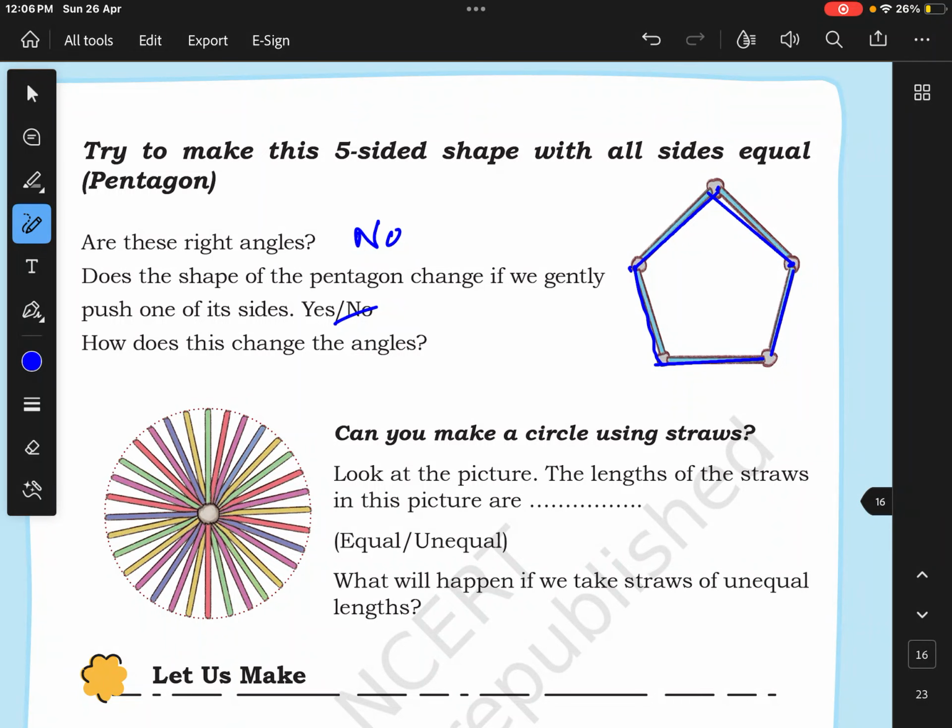Can you make a circle using straws? Yes, we can keep all the straws in this pattern, and this will become a circle. Look at this picture. The lengths of the straws in the picture are the same, or equal.